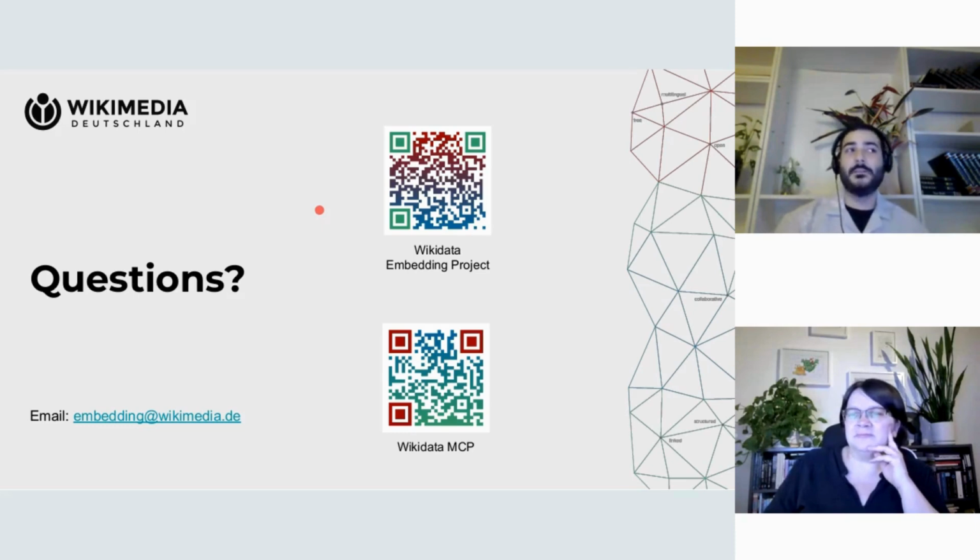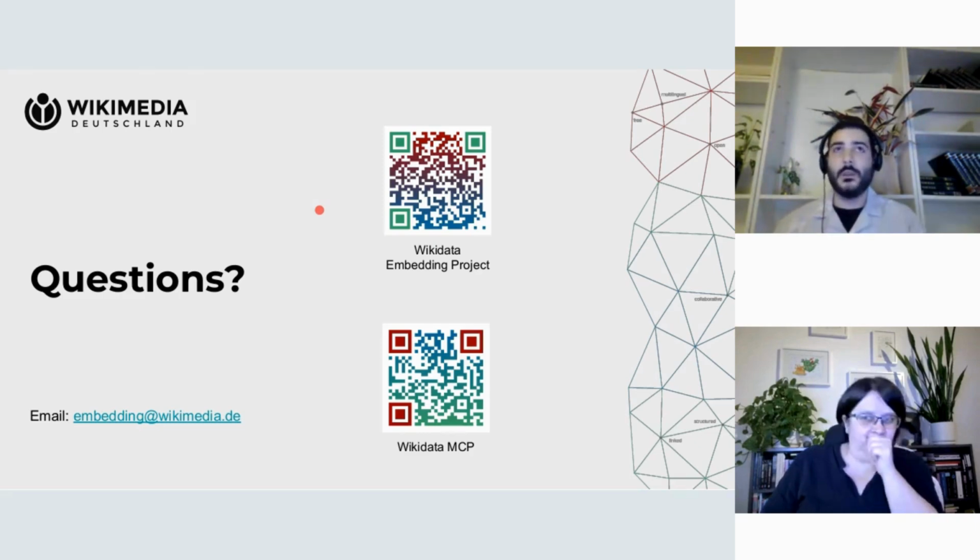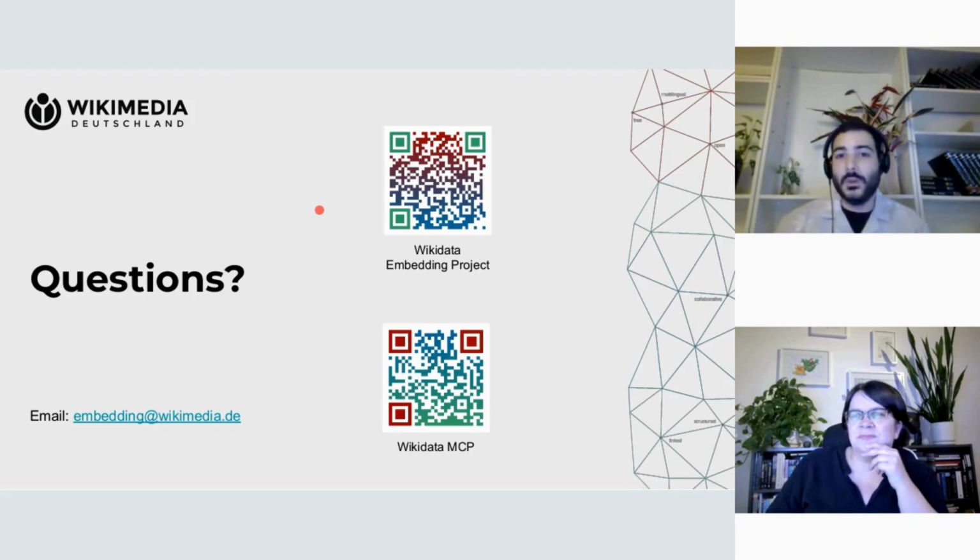But there are a lot of examples that could be outside of generative AI as well. So for example, simple classification is possible to do with the vector search. Classification, clustering, information retrieval, entity disambiguation, for example, and things like this.